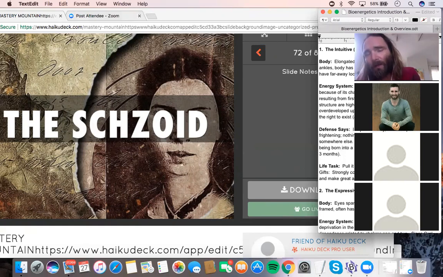Now, Alexander Lowen named this structure the schizoid because of its characteristic split between mind and body, resulting from first chakra alienation. They'll say that the schizoids really aren't grounded, and I think that's true. I would also say they're having huge second and third chakra core issues.